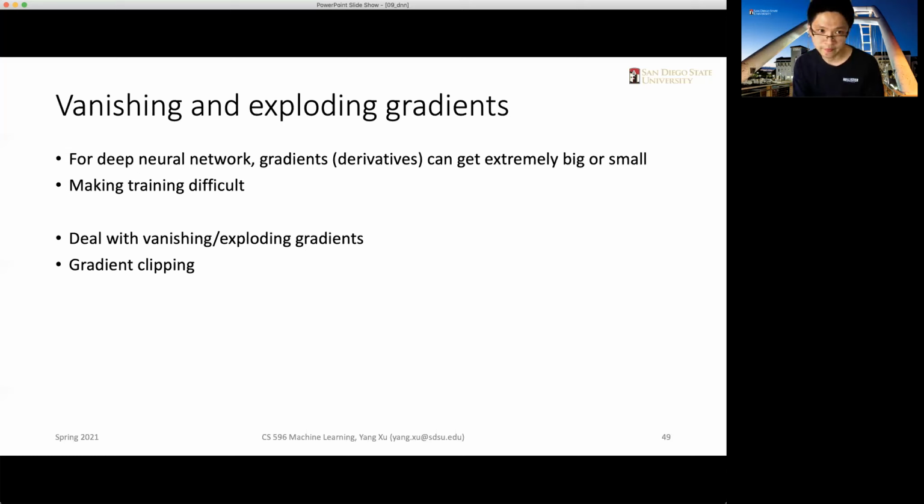It's called vanishing and exploding gradients. The issue is that for very deep models, the gradients can get extremely big or small, which will make training difficult.